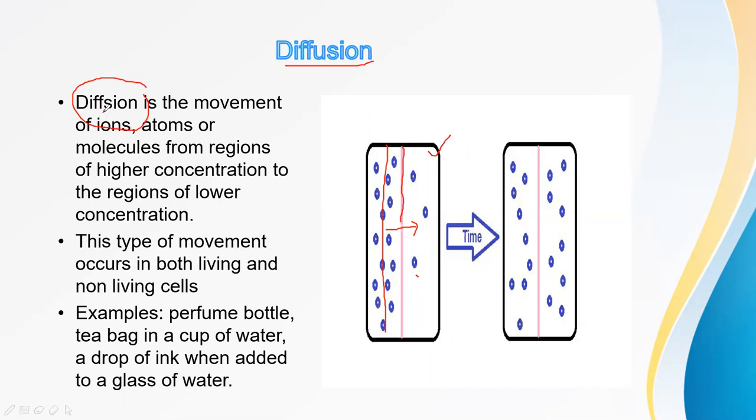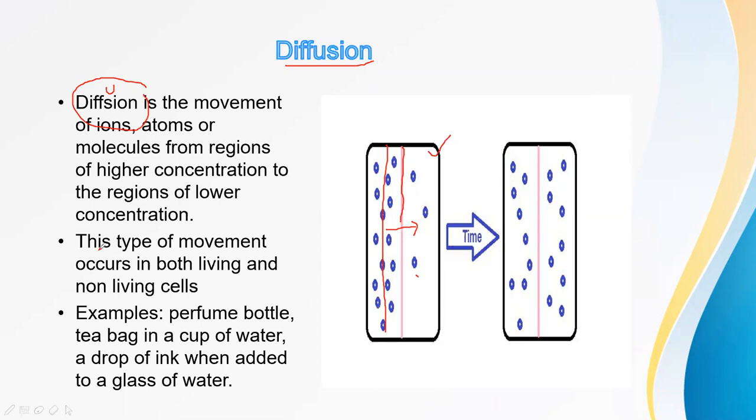Sorry, here there is a small mistake. Diffusion is the movement of ions, atoms, or molecules from regions of high concentration to regions of low concentration. Once diffusion occurs, you are seeing the equal concentration on both sides.